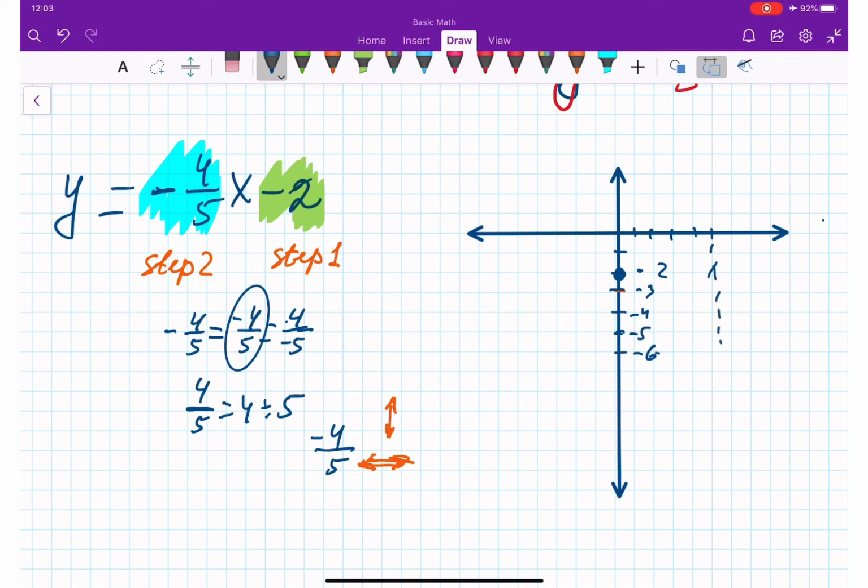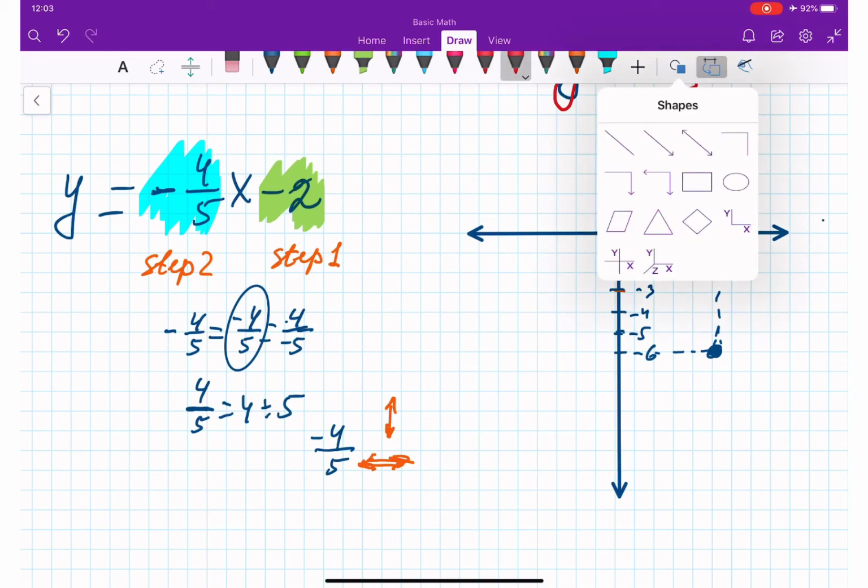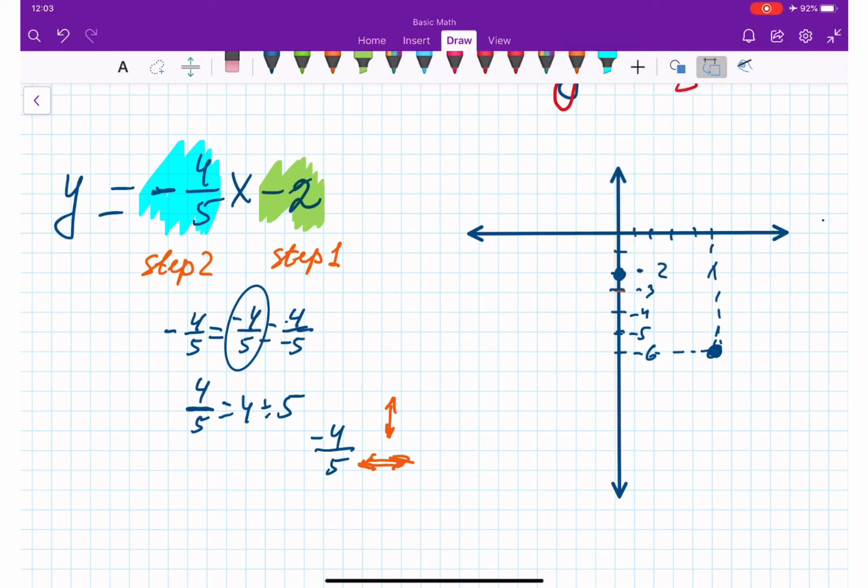Right here. My points are right here. I have these 2 points. One point is the y-intercept. The other point is from the slope, which helped me find that second point. And my graph is going to look like this. And this is my graph. Okay, moving to the next one.